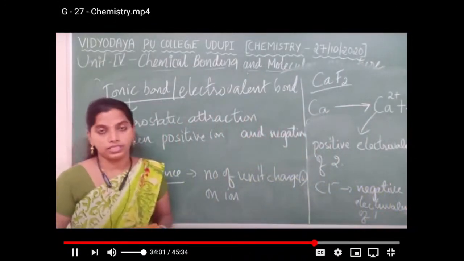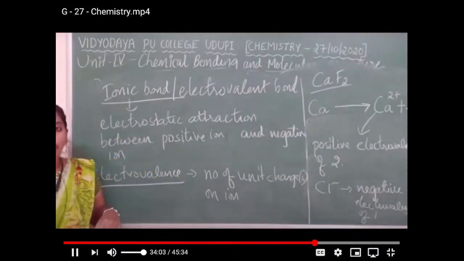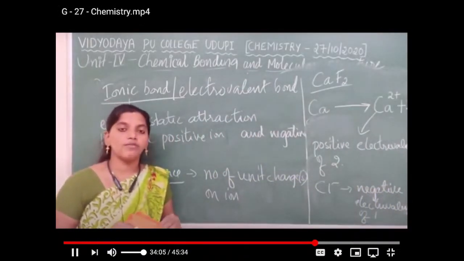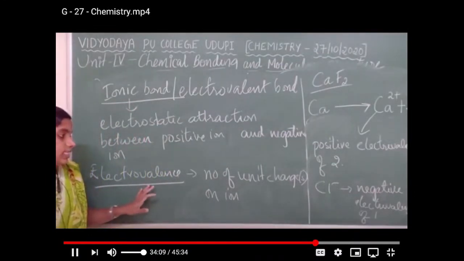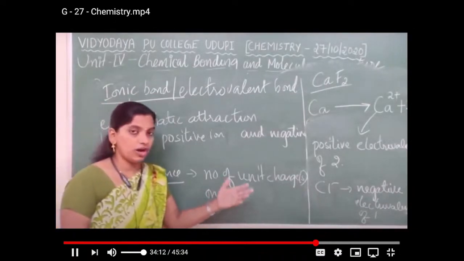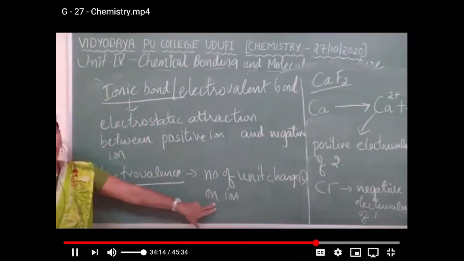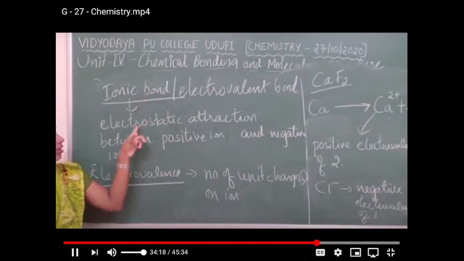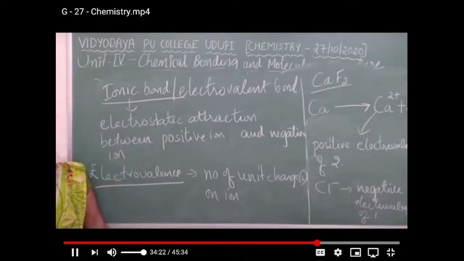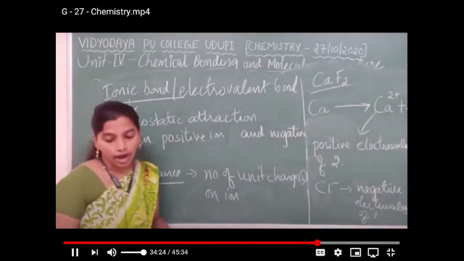Similarly, if you take the Na+ ion, Na+ is the cation, positive charge there. So it is having positive electrovalence of 1. So electrovalence is number of unit charge or charges on the ion. The bond is called as ionic bond, nothing but electrostatic attraction between the positive ion and the negative ion.